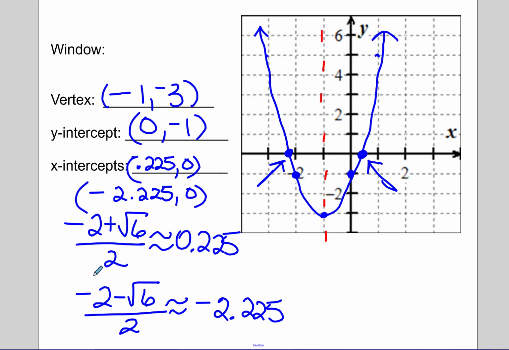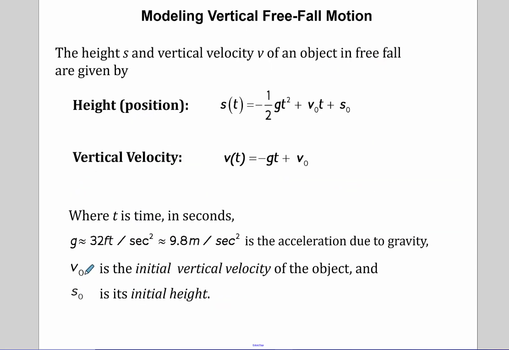Okay, so solving quadratics. And quadratics are great for looking at vertical motion, rockets in the air, footballs in the air, golf balls in the air, that sort of stuff. And we like to use the position function. The position function is -1/2, because think about it. If something goes up, it has to come down.